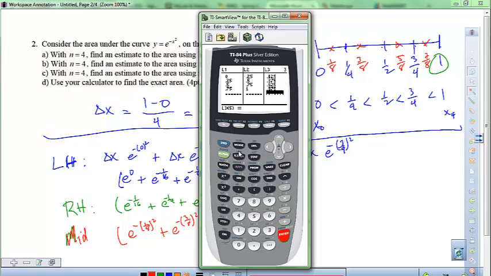Alright, so I'm going to go back to my home screen by hitting second function and mode. That would quit me out of that. And let's clear whatever we have there. Now the sum is a function that you can get from list. So the second function in stat would open up list. If you go to math, the fifth one down is sum. So we'll select that.